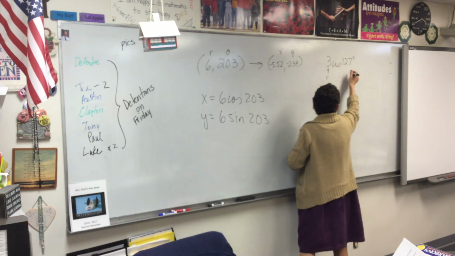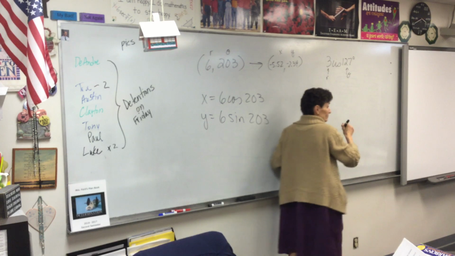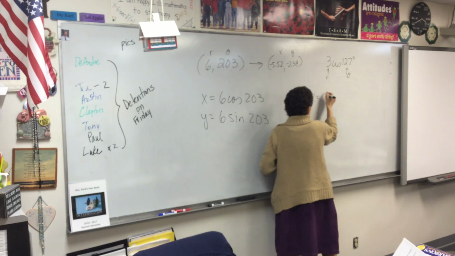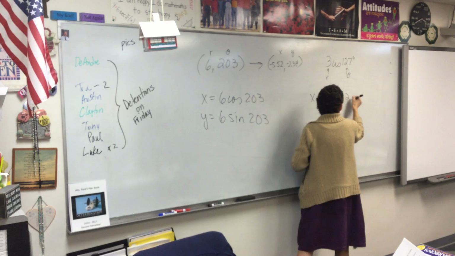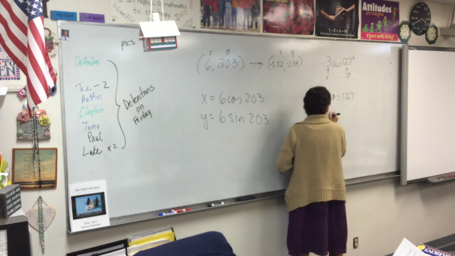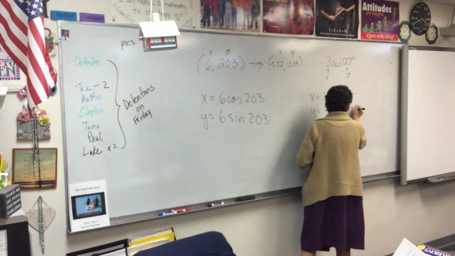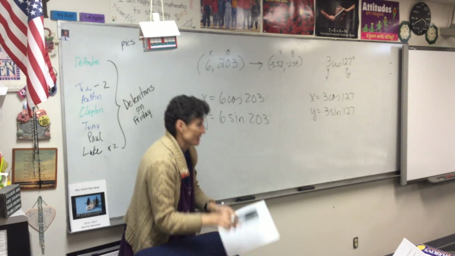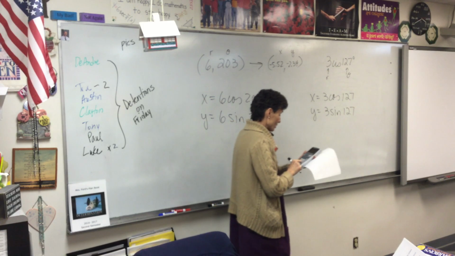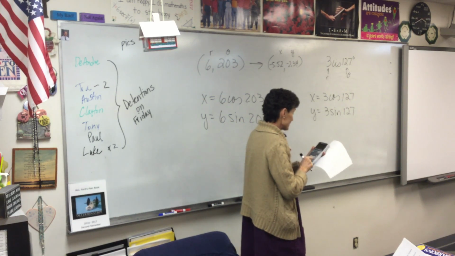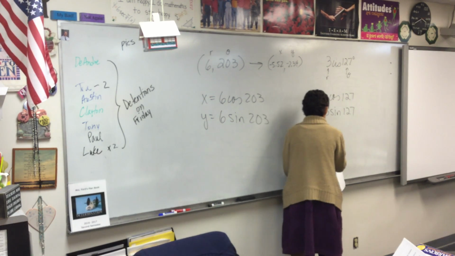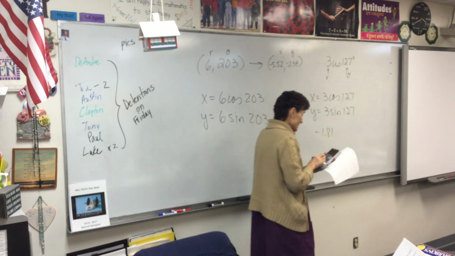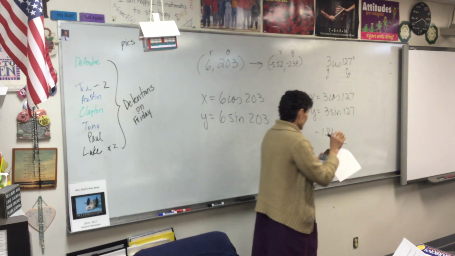This is R, this is theta. So X equals 3 cosine 127 and Y equals 3 sine 127. So I am doing exactly the same thing. 3 cosine 127, 3 sine 127.